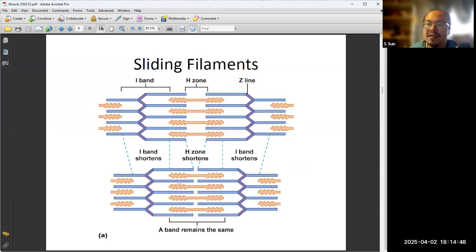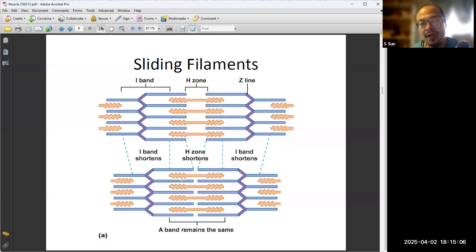This process needs energy. All this movement requires energy. These sliding filaments require energy, and our body's energy is produced as ATP, so they require ATP. You need to eat.